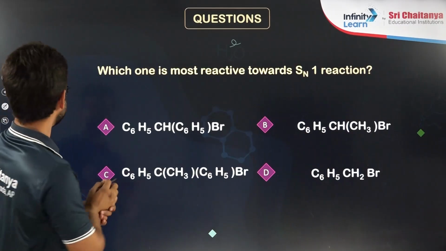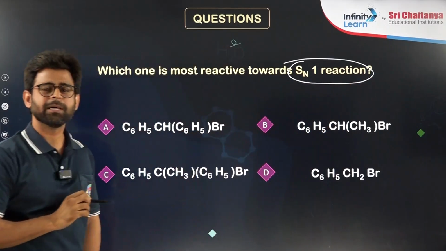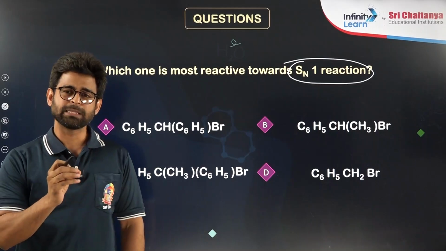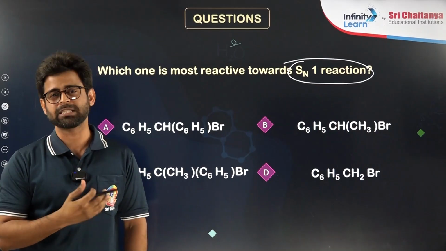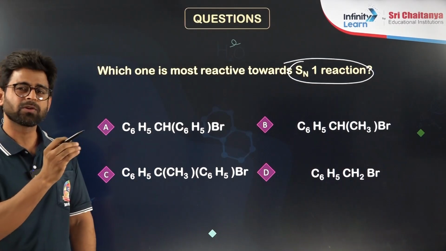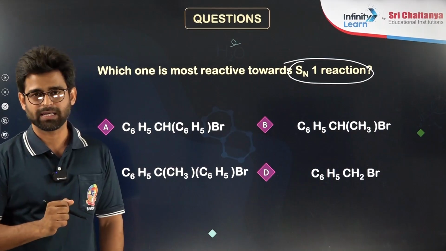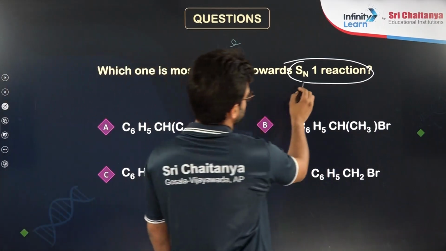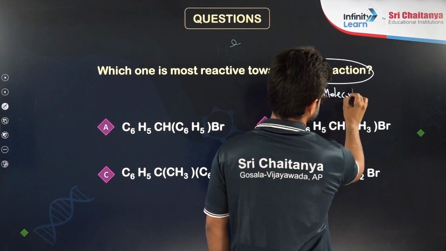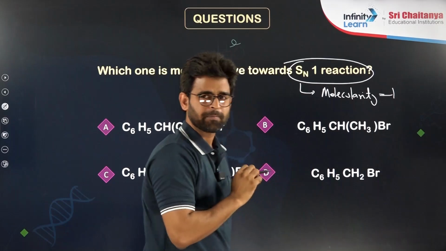Next question is depending on SN1. We have seen some questions on the preparation basis. Now, nucleophilic substitution is the most important topic of this chapter. In SN1, we are trying to replace one nucleophile by some other new nucleophile. The one in SN1 shows that its molecularity is 1, as well as the order also 1.